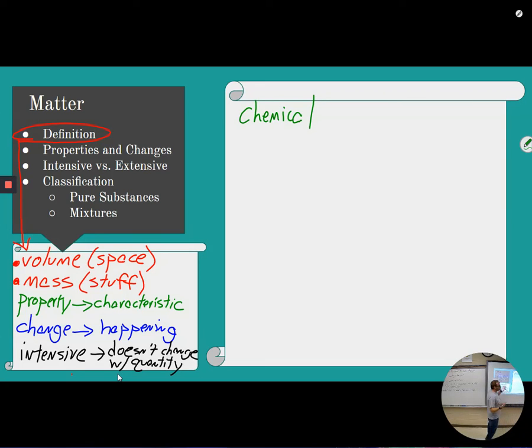In a chemical change or a chemical property, you're looking at an interaction going on. You have one substance that is reacting to another substance. If I set a piece of paper on fire, that's only happening because what's in the paper is reacting with the oxygen in the room and combining with it.